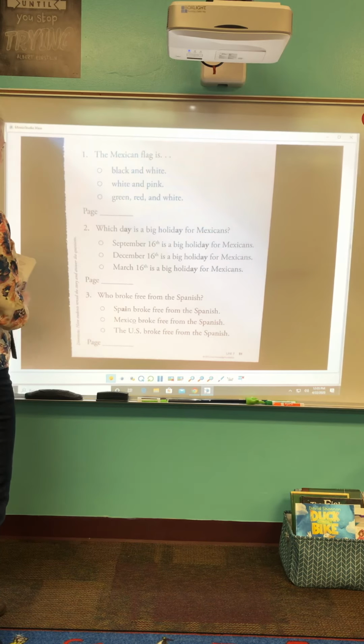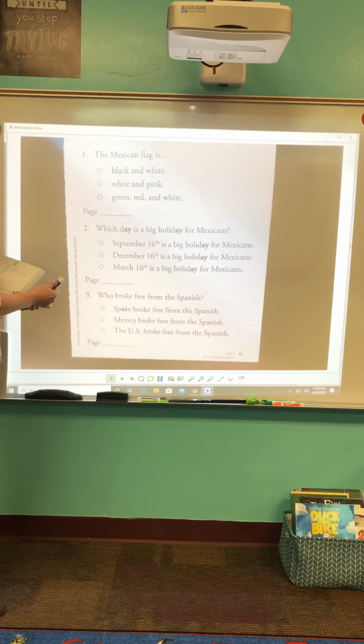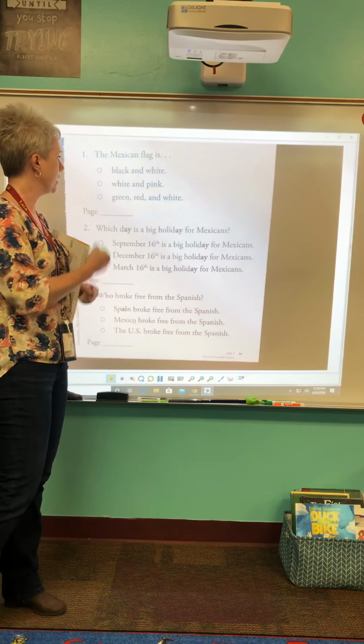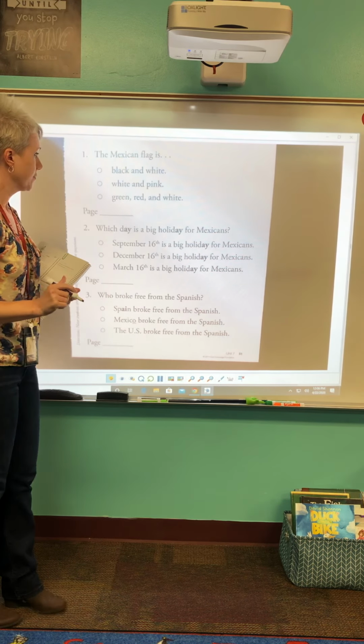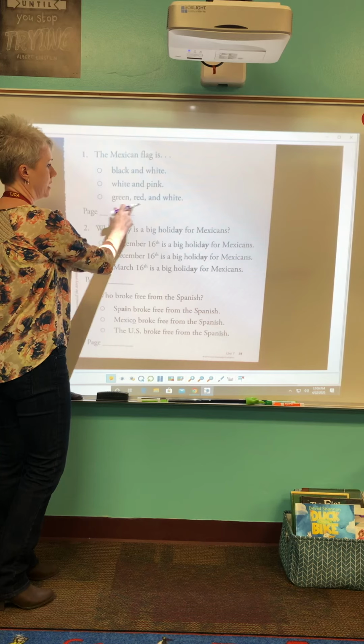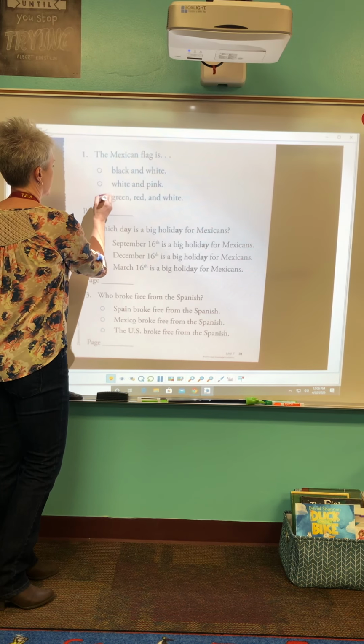The Mexican flag is black and white, white and pink, or green, red, and white. And we had a big Mexican flag on our board when we did our study on Mexico. And I bet you guys remember it was green, red, and white.